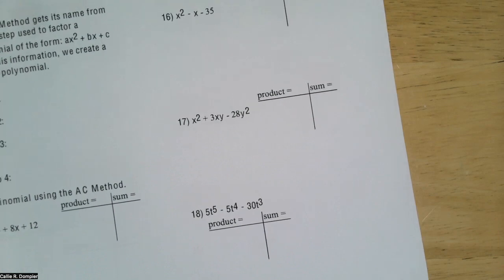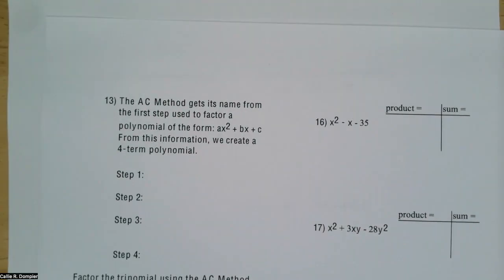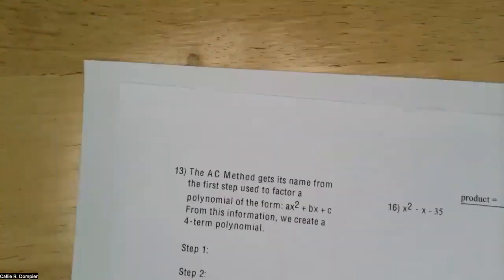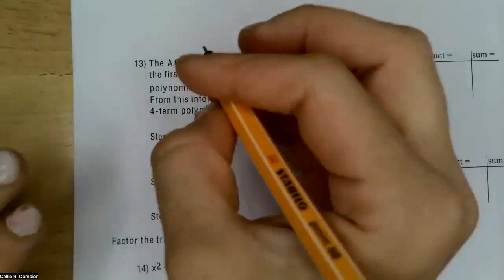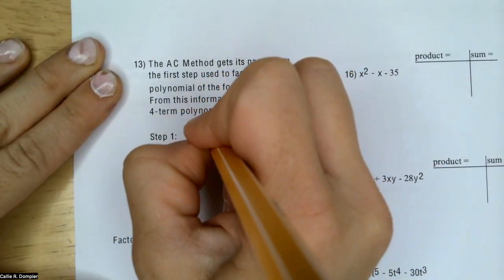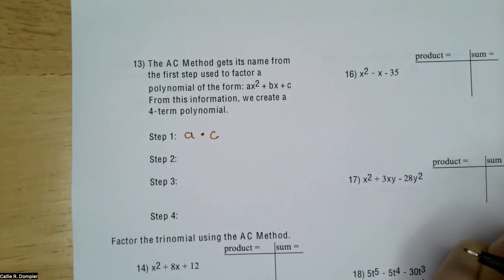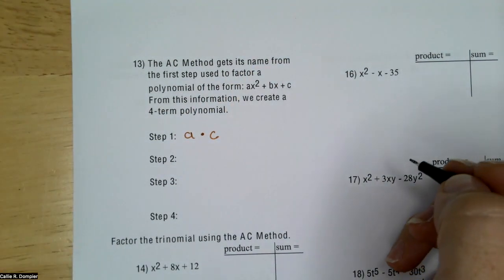Okay. And as we are introduced to the AC method, the AC method helps us factor a 4-term polynomial. All right, so the AC method asks us to have the polynomial in the form ax squared plus bx plus c. Multiply a and c. Then find all the factors of a times c.